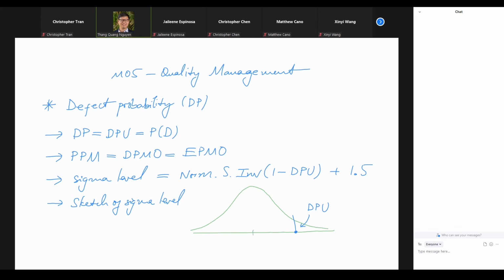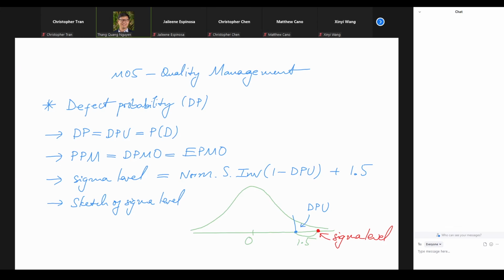By the way, the mean is always 0. So this number here is greater than 0, right? So we cut the right tail so that that is DPU, and then we got that blue point. After we got the blue point, we add 1.5, and then we have the red point. And the red point is our sigma level, right?